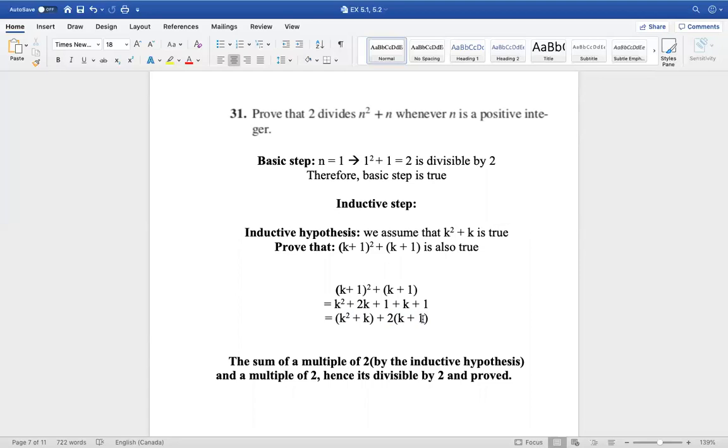Miss, sir, yes. Are you going to do induction by finite sets? Induction by finite sets. Yeah.